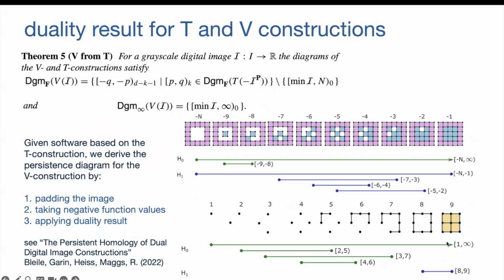So now we see that by adding in that extra −n padding, that's what helps me resolve the ambiguity between the T construction and the V construction, right? So now we see that the intervals for our persistent homology are nicely dual to those that we had using the V construction. Yep. Cool.